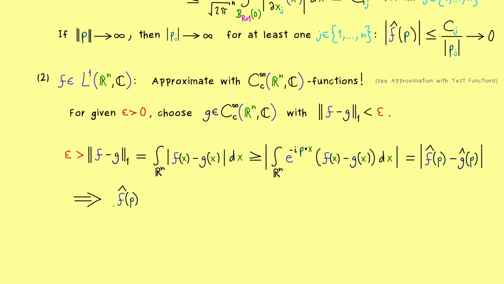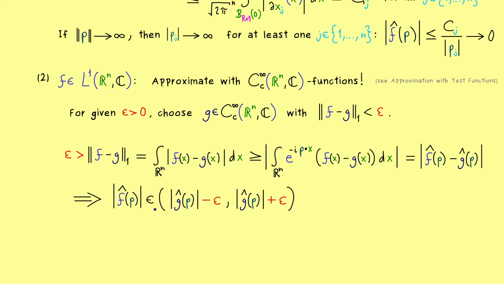So for example, we know that these two complex numbers are closer than epsilon, which means that the absolute values cannot differ much. More precisely, the inequality tells us that f hat of p lies in an open epsilon neighborhood around g hat of p. Therefore here I can just write the open interval g hat of p in the absolute value minus epsilon to the same number plus epsilon.